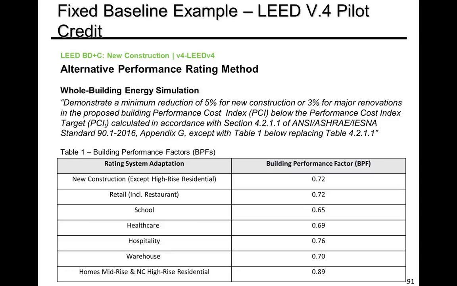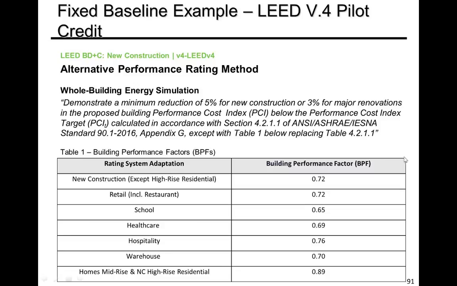It tells you through whole building simulation that you need to demonstrate a reduction of 5% for new construction, or 3% for major renovations in the performance cost index, below the performance cost index calculated through section 4.2.1 of Standard 90.1 using Appendix G, but replacing the building performance factors in 90.1 with these building performance factors that are specific to LEED.